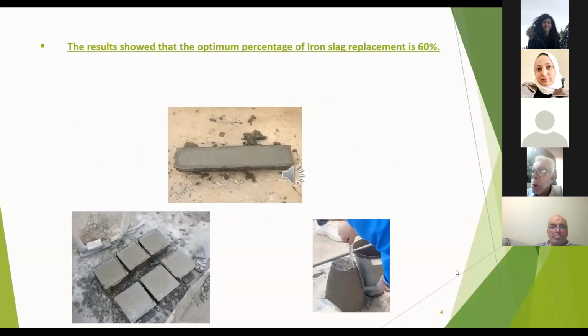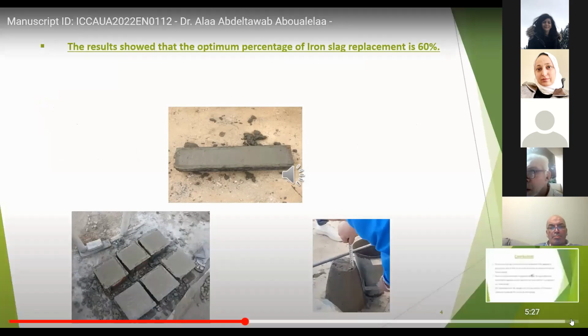The results showed that the optimum percentage of iron slag replacement is 60%.